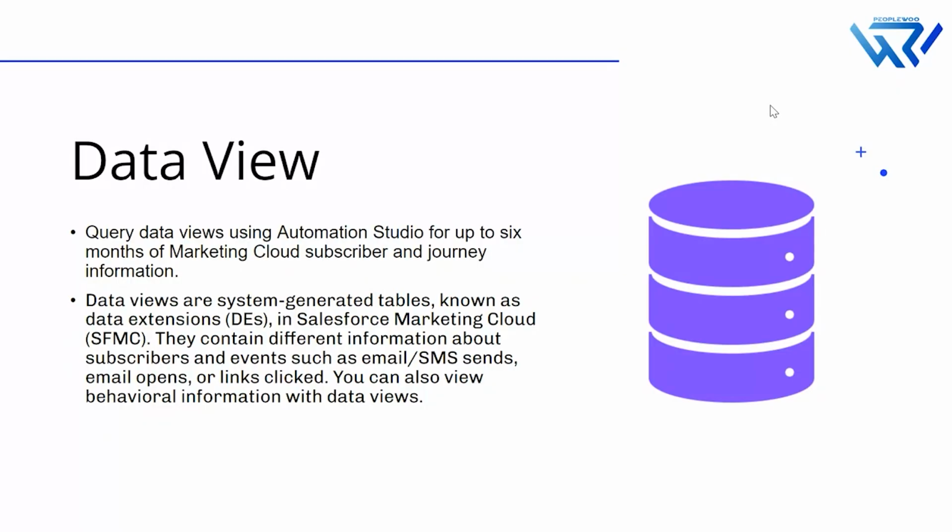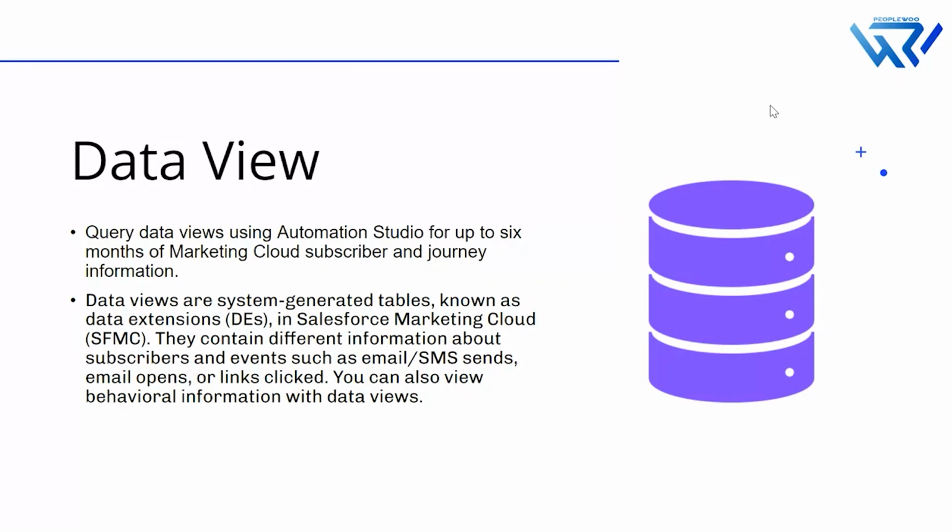Rather, these are system generated behaviors. Like somebody opened an email, somebody clicked an email, the system keeps a track of that. Somebody unsubscribed, the system keeps a track of that. When is the open time? What is the date he opened, what is the time he opened? All these are captured by default in the system inside a job ID.